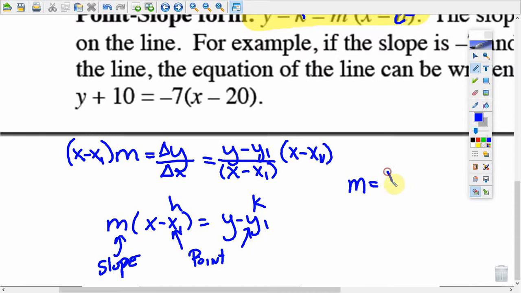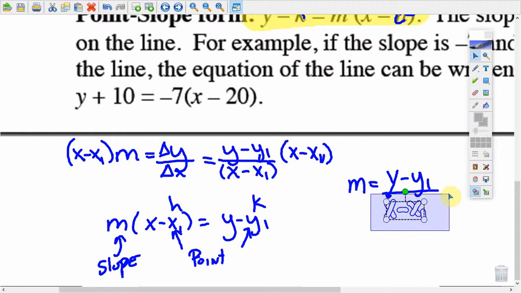So again, if we have m equals y minus y1 over x minus x1, when we multiply it, effectively what we're doing is moving it over here. So that gives us the other form of the equation, just like that, and that gives you the equation.